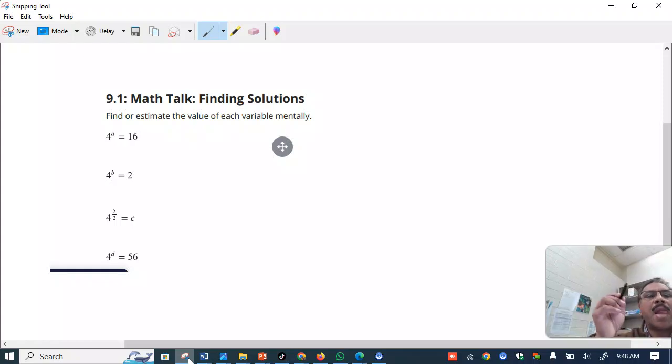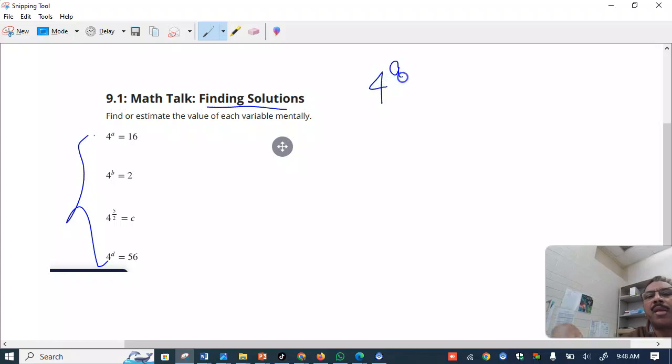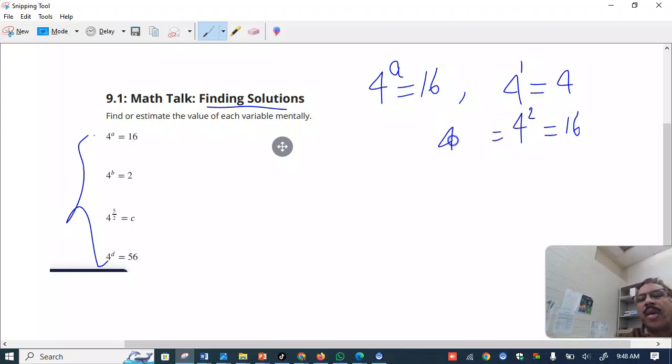Students, task is 9.1. The question is: find the solution of each of these four. The first one is 4 raised to a is 16. What number? 4 raised to 1 is 4, correct? 4 raised to 2 is 16, because 4 squared is 4 times 4, and for 4 cubed you multiply by another 4: the two fours give 16, and multiplying another 4 you get 64.